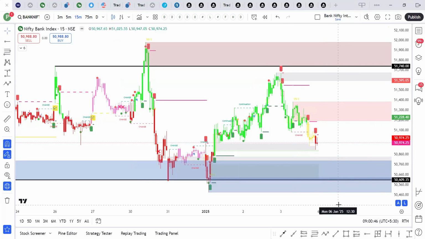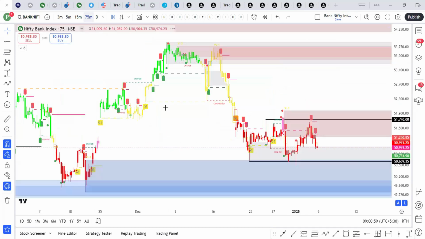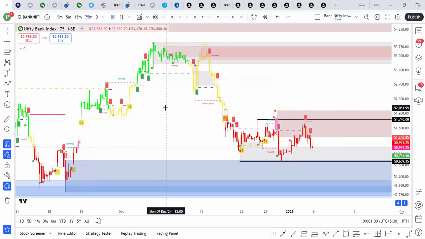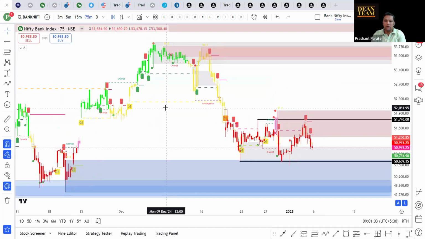Then tell us something more about phase C, whether phase C is established or not. Now, this can go for distribution phase C or accumulation phase C, anything at this juncture. So how do we decide whether it will be distribution or accumulation?